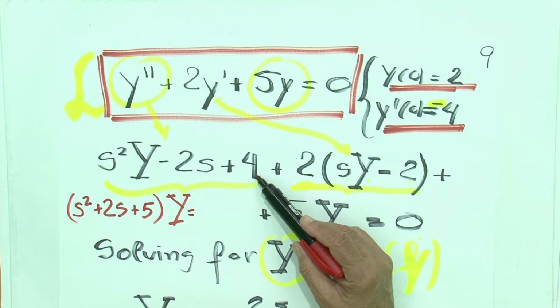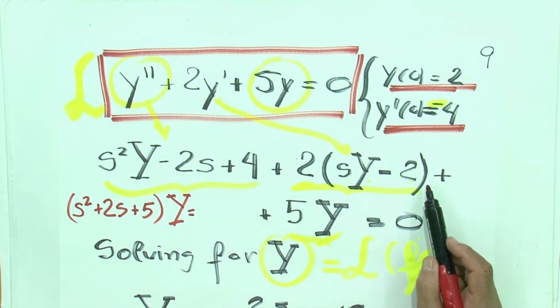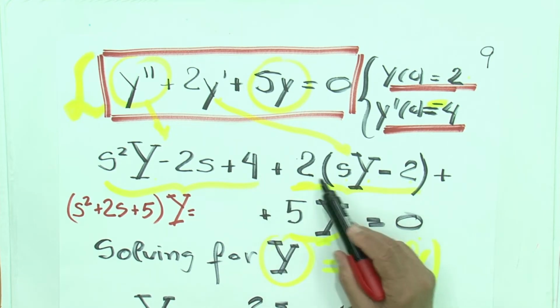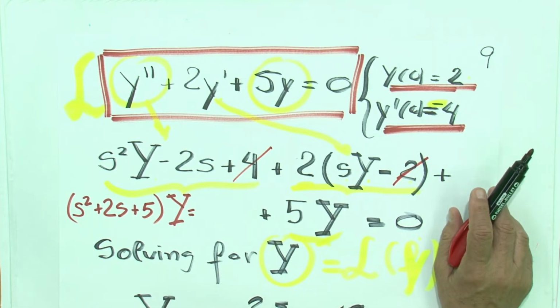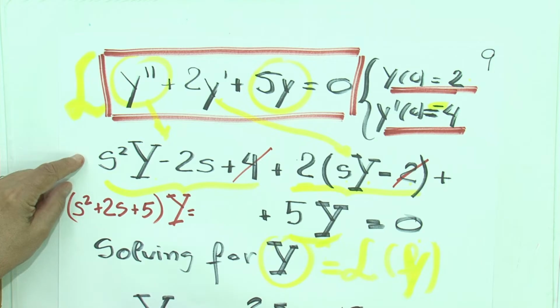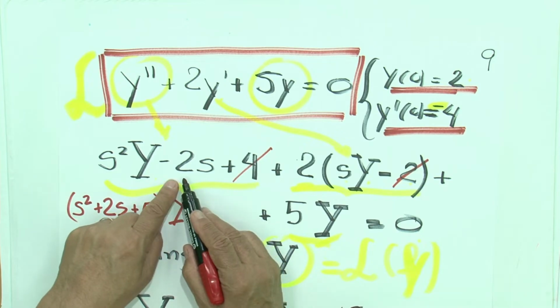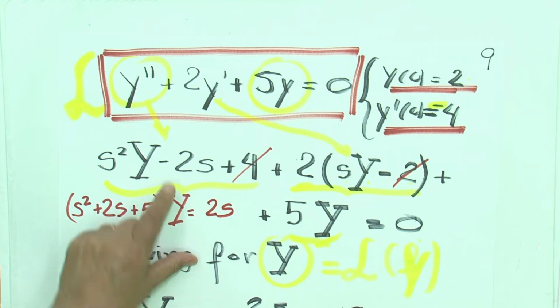Here I have minus 4 and here I have plus 4, so that cancels and disappears. And then this is equal to the independent term, which is 2s. So this is what I have.